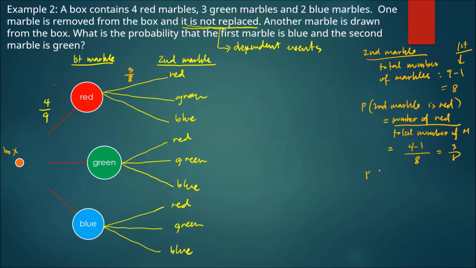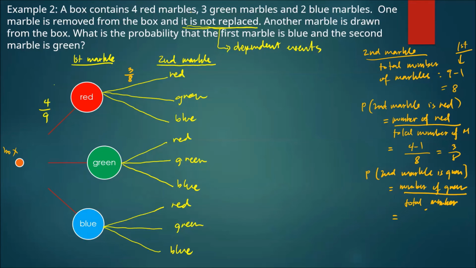Now, what's the probability that the second marble is green? So the probability that the second marble is green is the number of green marbles over the total number of marbles, right? And how many green marbles will there be if our first marble is red?